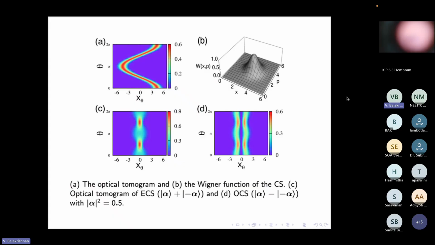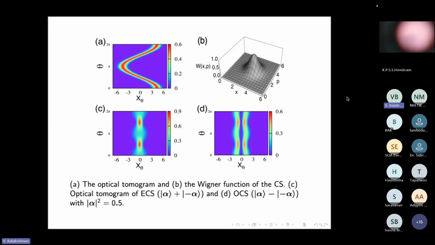Here is the optical tomogram, top left A, the optical tomogram for the coherent light. The Wigner function corresponding to coherent light obtained by an inverse radon transformation on this tomogram is shown in B. And below in C, you have the optical tomogram for a cat state, which is an even coherent state, a superposition of two coherent states, ket alpha and ket minus alpha.